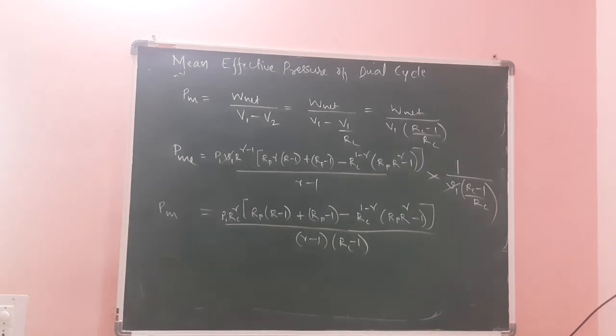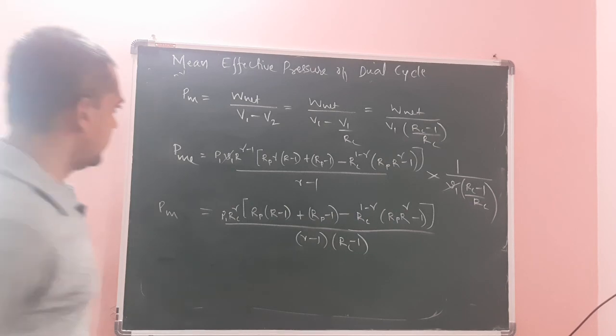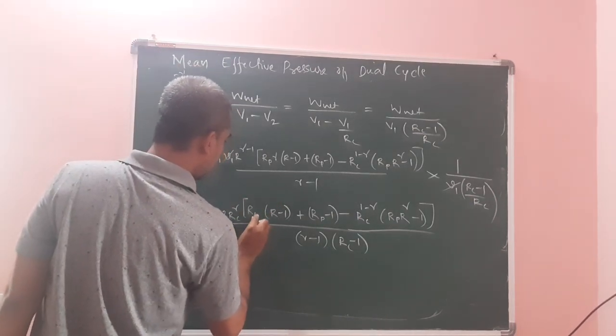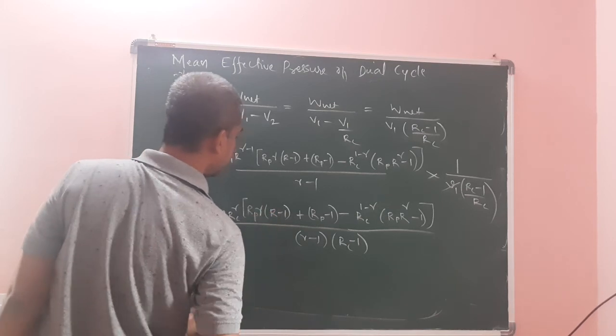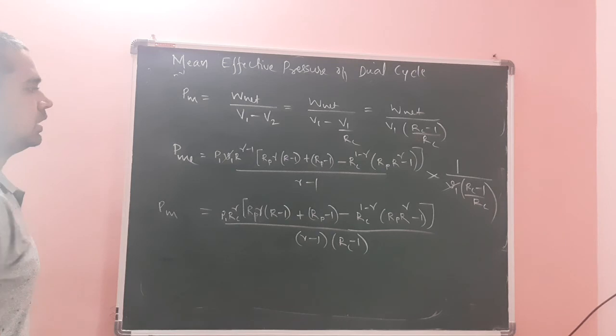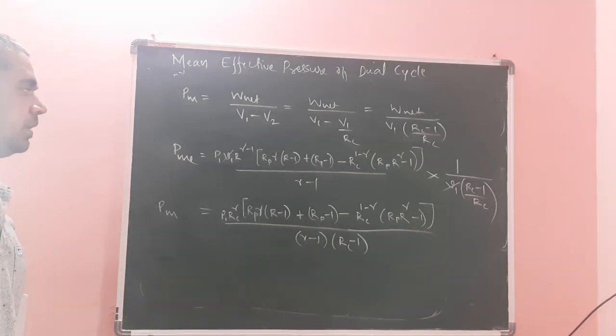But one thing here is Rp into gamma should be there. Rp into gamma. This is the final expression for mean effective pressure.